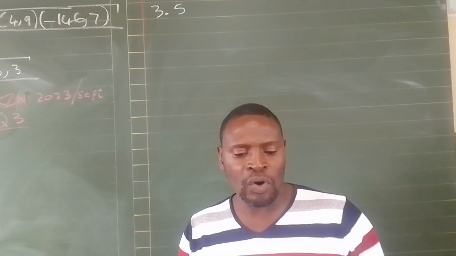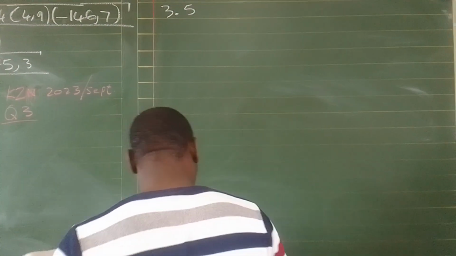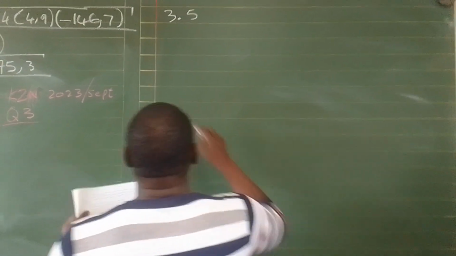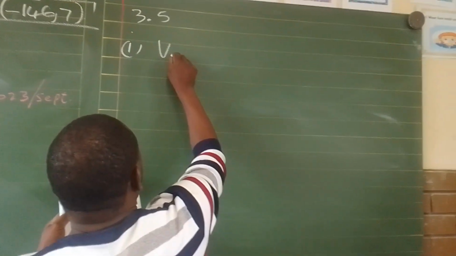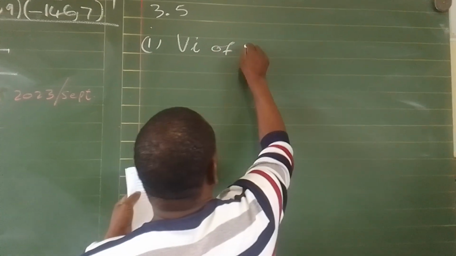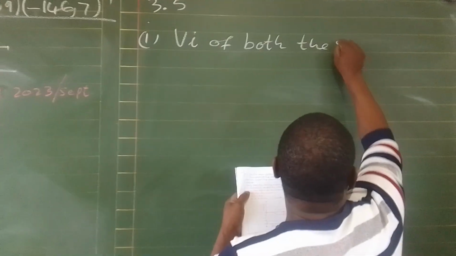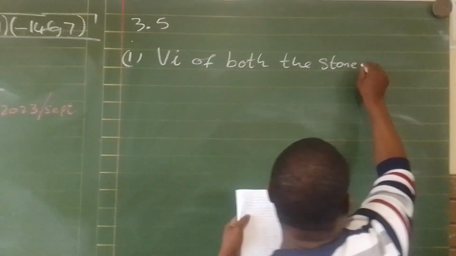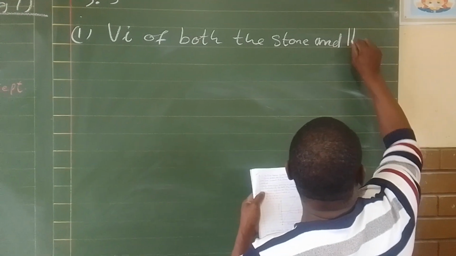Clearly show the following on your graph. This is what we need to show. One, you must show the initial velocity of both the stone and the helicopter.